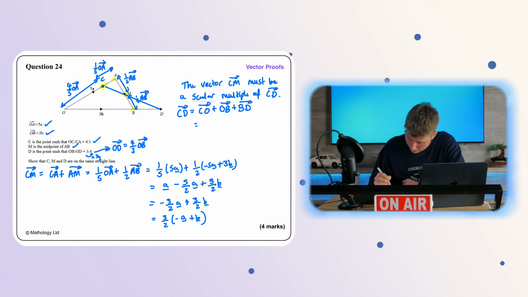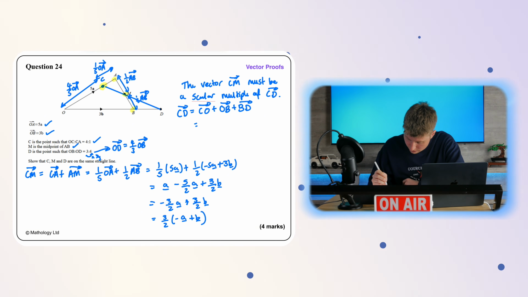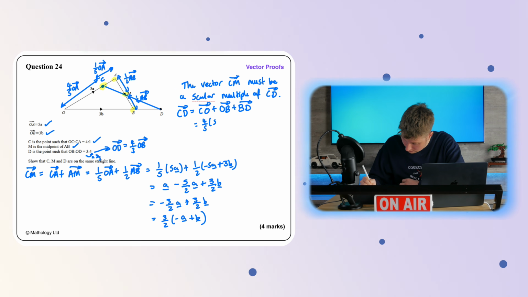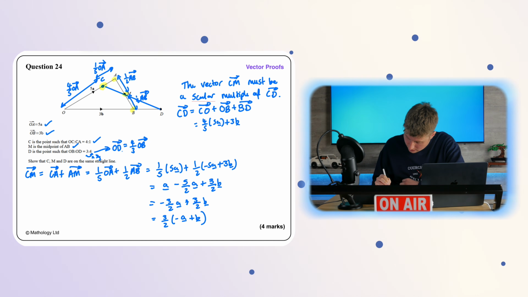So C to O is 4/5 of OA, so OA is 5A, so it's going to be 4/5 of 5A. OB is 3B, and then BD, so we know that OD is equal to 4/3 of OB.